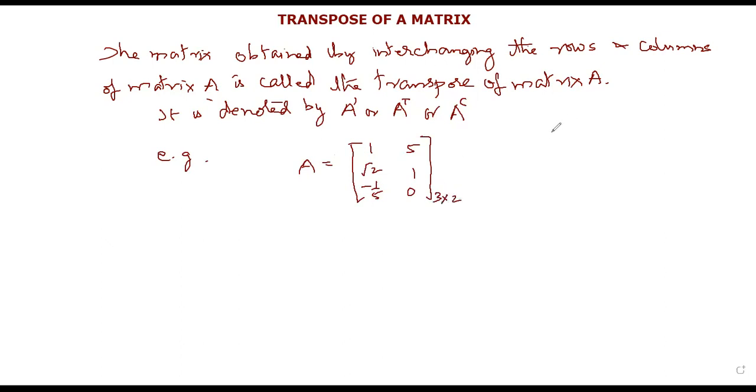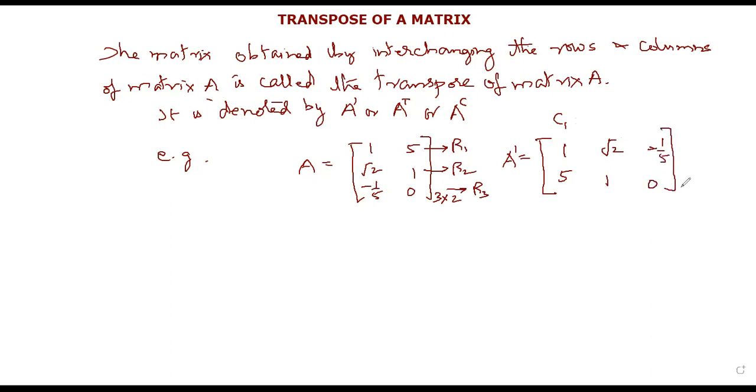If we want to write the transpose of this matrix, A dash, what we will do, first row will become first column. 1, 5 is the first row, this is R1. This R1 will become C1, first column, that means 1, 5. Second row changes to second column, root 2, 1, and third row changes to third column, minus 1 by 5 and 0.